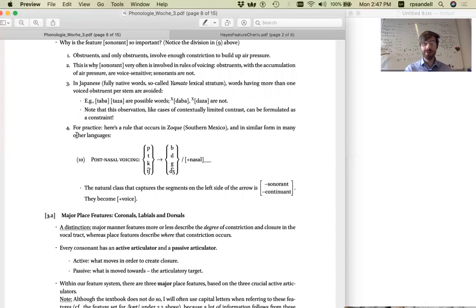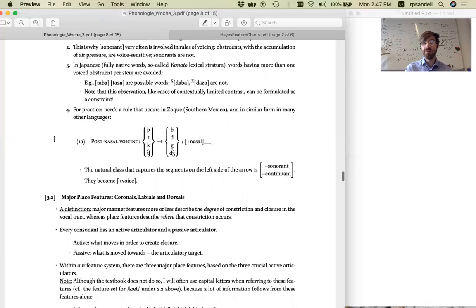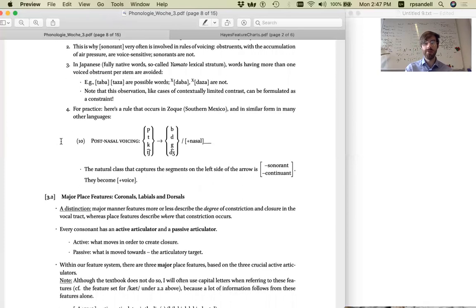And as a little bit of practice, let's consider a rule that occurs in the language of Zoque, spoken in southern Mexico. A rule of this type cannot be found in a number of other languages in the world. This is a process of postnasal voicing, which specifies that these voiceless obstruents, the stop and an affricate, become corresponding voiced stops and a voiced affricate immediately following a nasal.